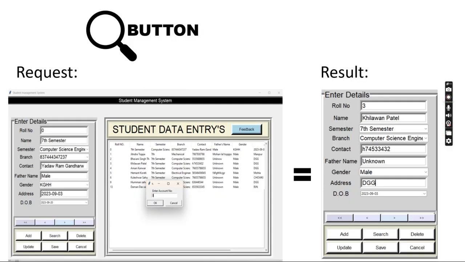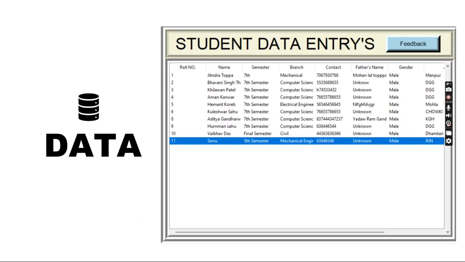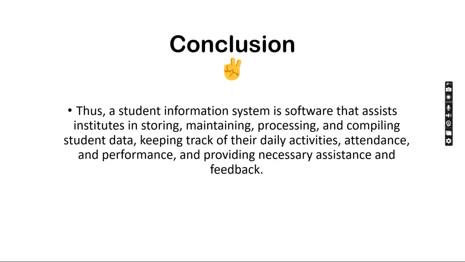When we put in a student's roll number, we get information about that corresponding roll number. Once we have entered student data, we can view it in the student data entries on the home page. So we can easily get the data and understand which student has which kind of data.